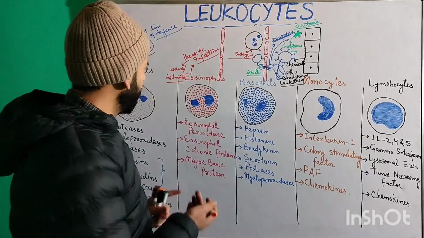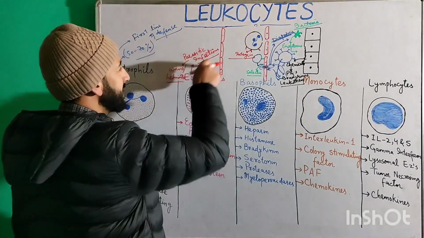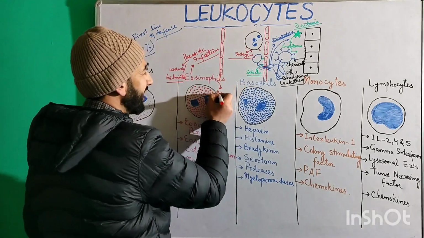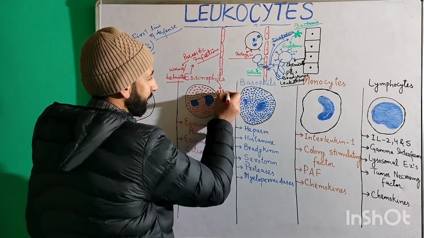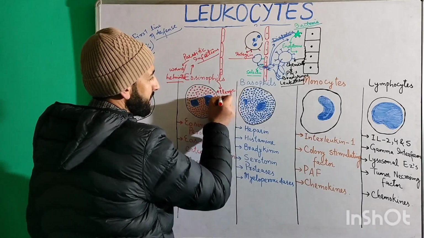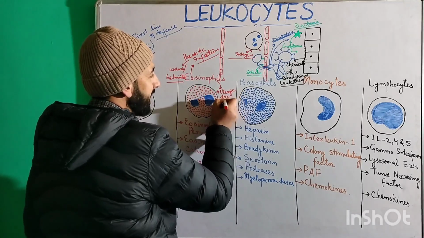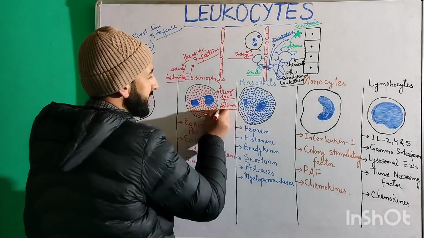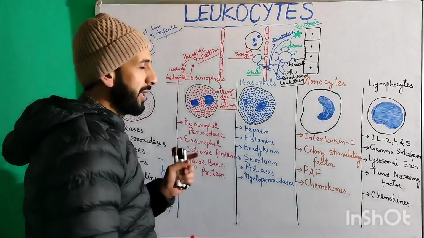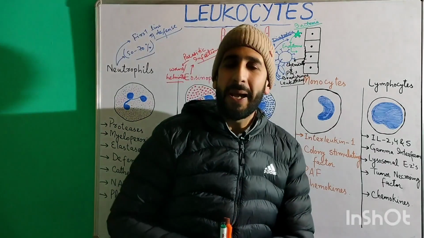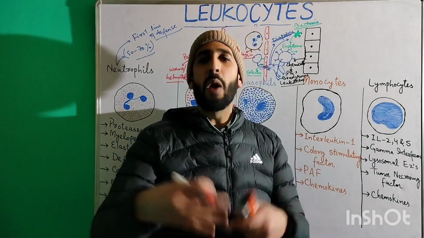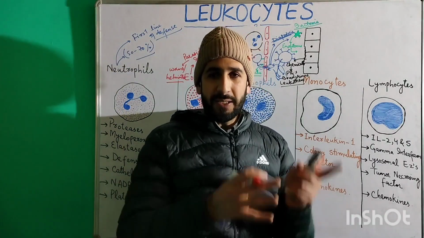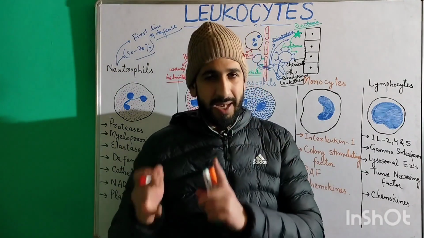And eosinophils, apart from this parasitic infection, are actually very important during allergic diseases. And these allergic diseases, for example, asthma. So in asthma, and any other allergic disease, the count of these eosinophils increases, because they have a major role during these parasitic infections or these allergic diseases.